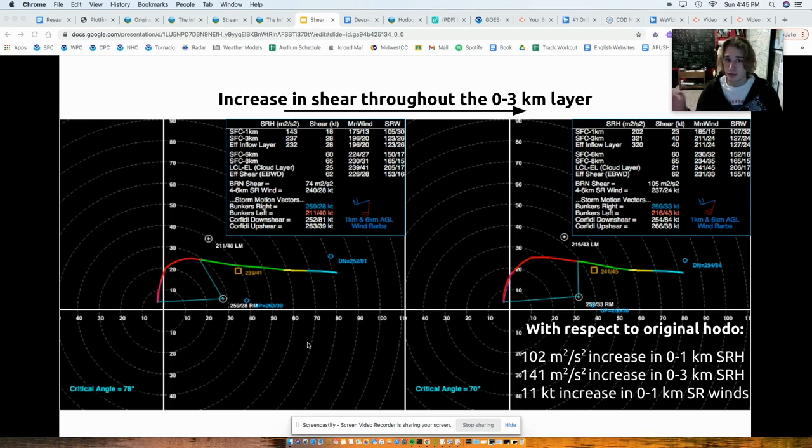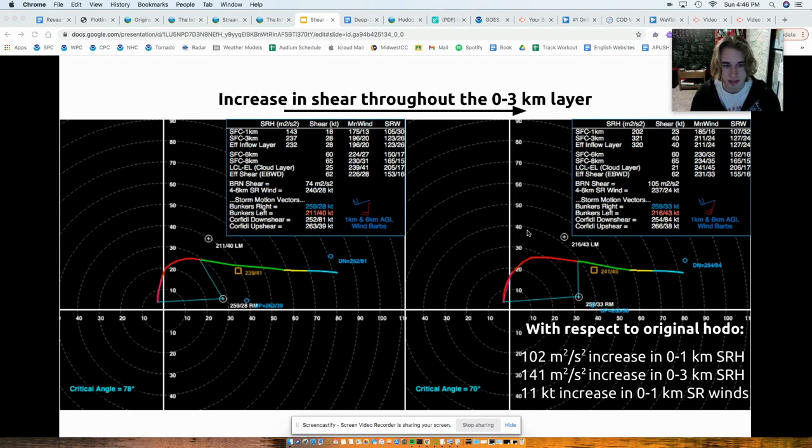Obviously all environments are different, so you could totally see a hodograph like this, but I think hodograph 3 here on the right is perhaps a bit more realistic, because generally you'll see the most shear concentrated within the 0 to 3 kilometer layer if this is perhaps a tornado day or whatnot, but sometimes not. I'm going to show a hodograph later where that's clearly not the case.